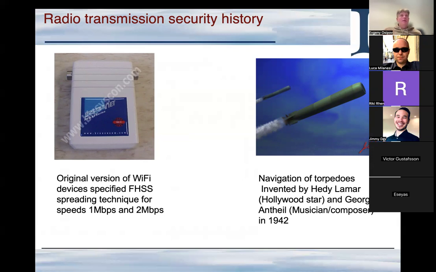But an interesting fact is that the whole approach was developed during the Second World War by a Hollywood star and a musician in the United States, and it was invented to make a robust navigation of the torpedoes, so that the radio signal from them cannot be jammed.